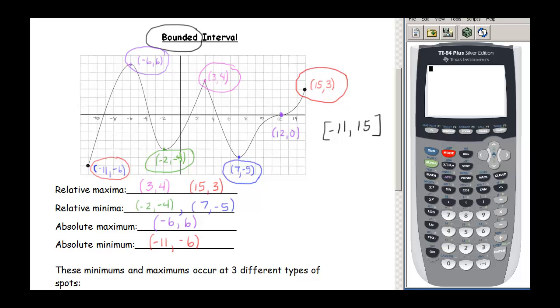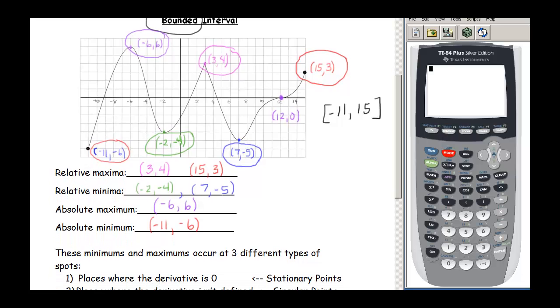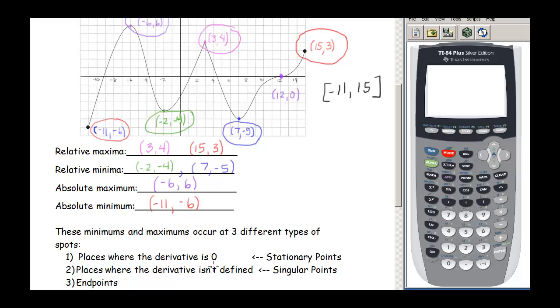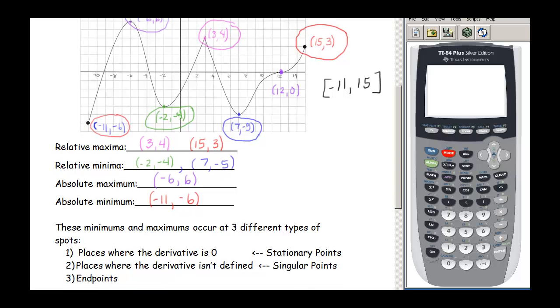Now, I'm going to scroll down here. These spots can be categorized into 3 different types of points. We've got 2 points that are endpoints of our domain. Okay, so they could be endpoints.